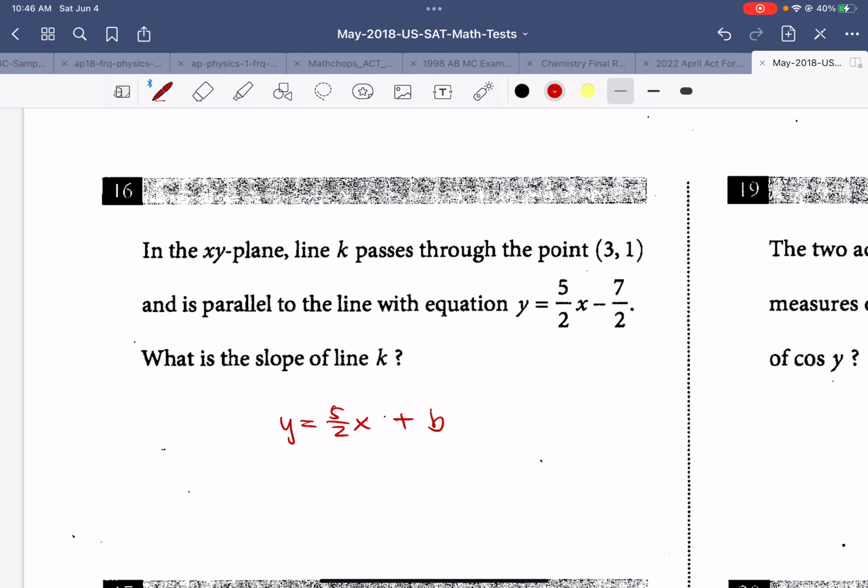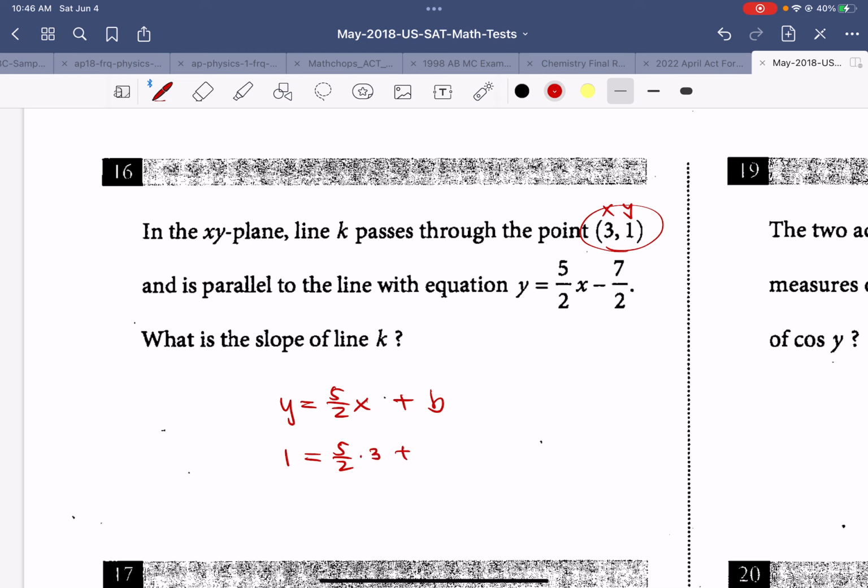Now this problem gave you another piece of information. It passes through 3, 1, so you can plug in this xy value to find the y-intercept. So 1 equals 5 halves times 3 plus b. So 1 equals 15 over 2 plus b. So b is 1, which is 2 over 2, minus 15 over 2, so negative 13 over 2.